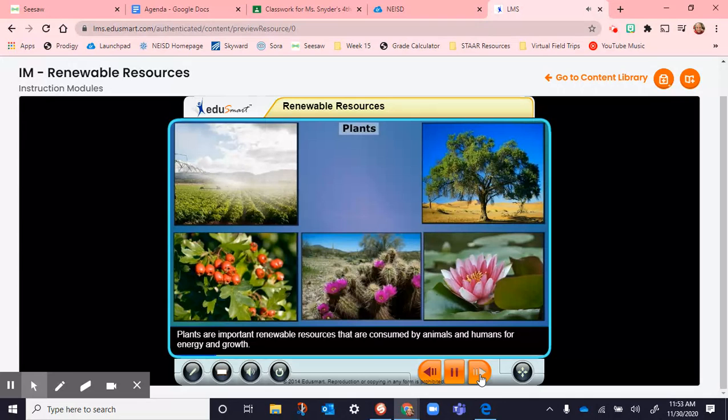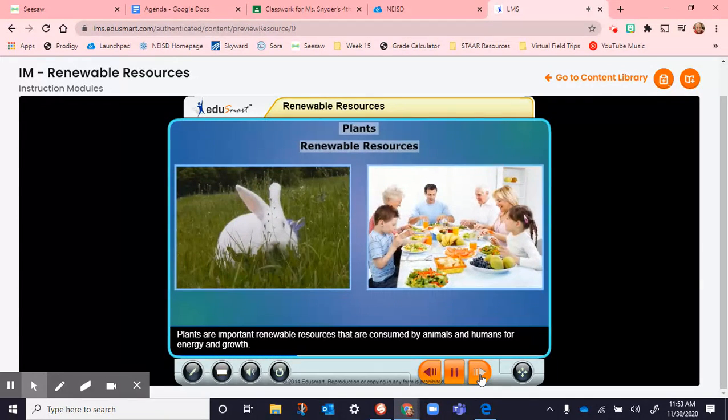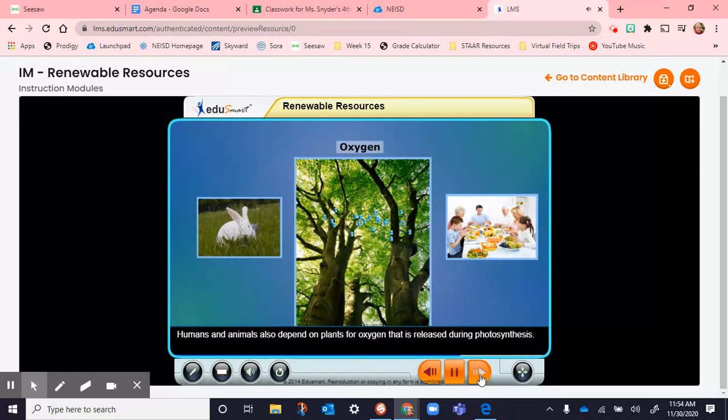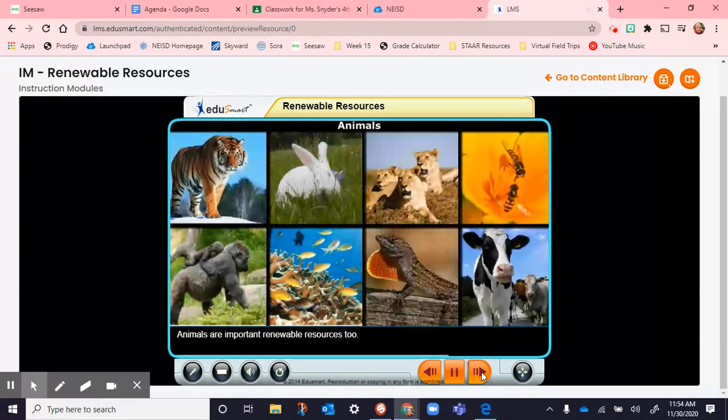Plants are important renewable resources that are consumed by animals and humans for energy and growth. Humans and animals also depend on plants for oxygen that is released during photosynthesis. Animals are important renewable resources too.